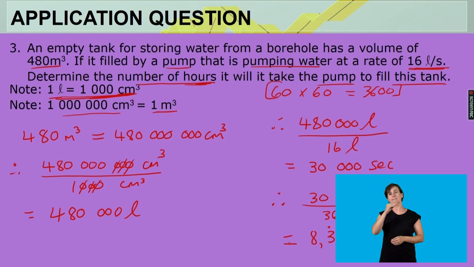Then we know that it takes 1 second to pump 16 liters of water into this borehole. So I took the 480,000 liters and divided by 16 liters. It gave me an answer of 30,000 seconds. Then I took my 30,000 seconds and divided it by 3,600 seconds to convert from seconds to hours. And therefore, I ended up with just over 8 hours. Guys, I hope that's clear to all of you.